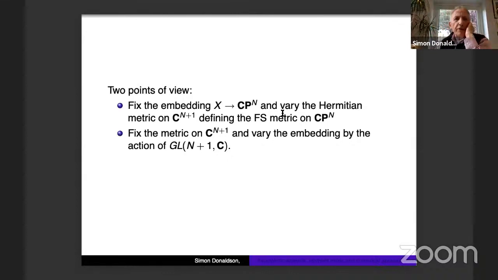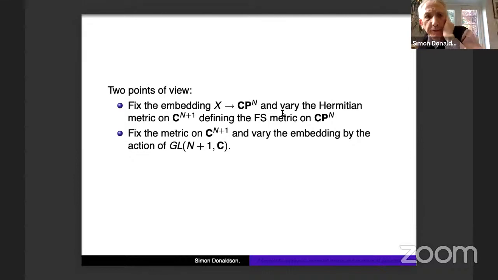Let's just say, running throughout this, and familiar in other contexts, is that there are two points of view. One is that we can think of X being embedded in a fixed way in projective space, and then vary the Hermitian metric on the underlying vector space, and therefore, in that way, varying the Fubini-Study metric on projective space.